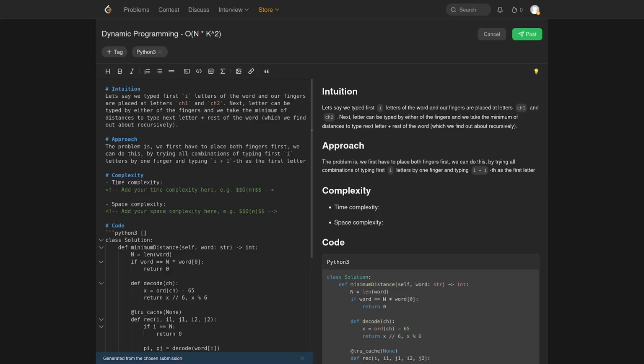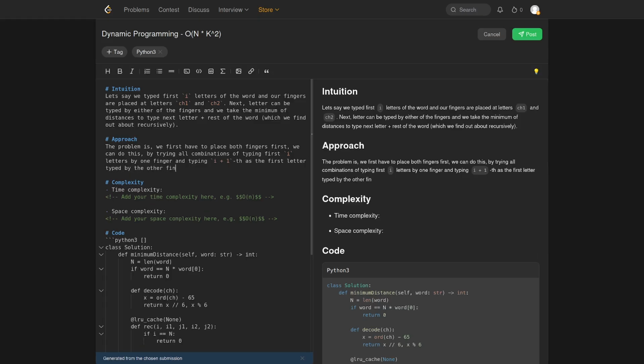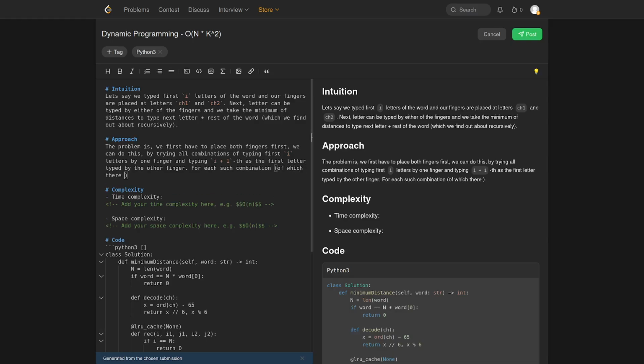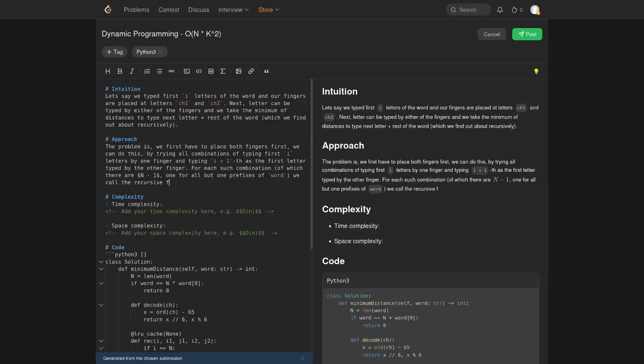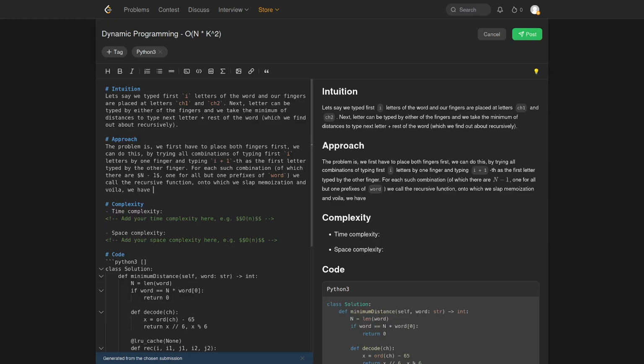The first letter is typed by the other finger. For each such combination, of which there are n, one for all but one prefixes of the word, we call the recursive function onto which we slap memoization, and voila, we have DP.